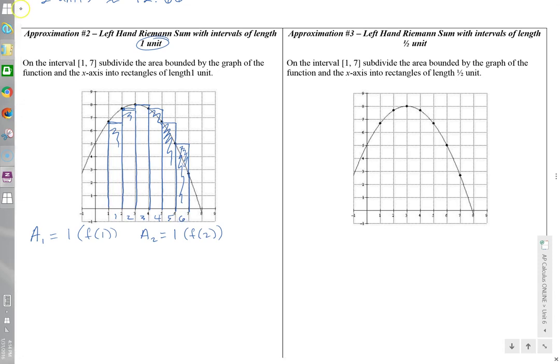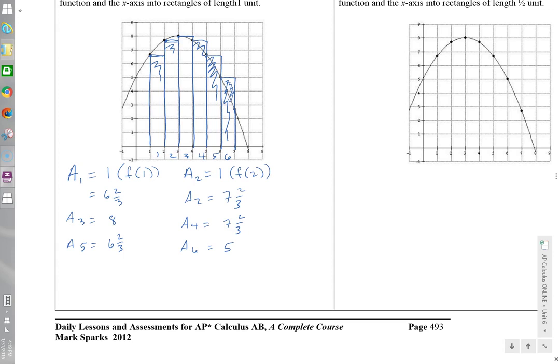Pause it now. All right, so I found the area of each one of those individual rectangles, and I forgot we're learning notation.